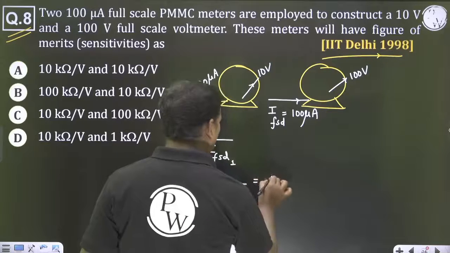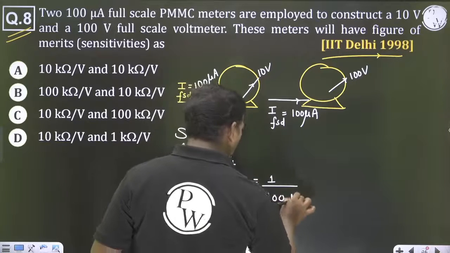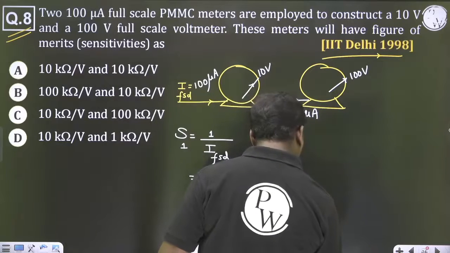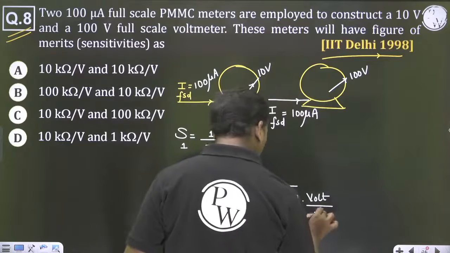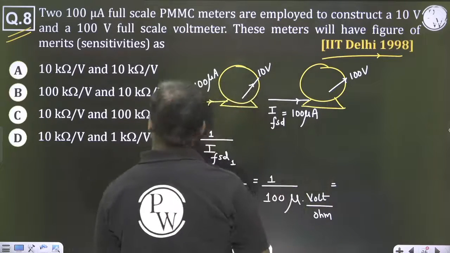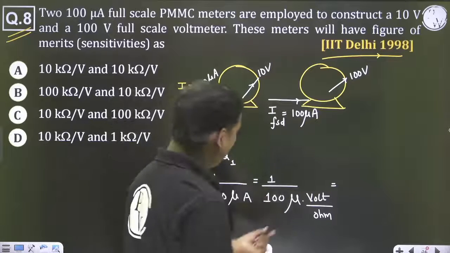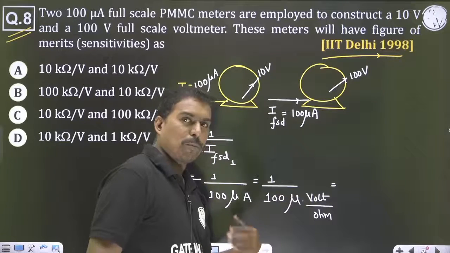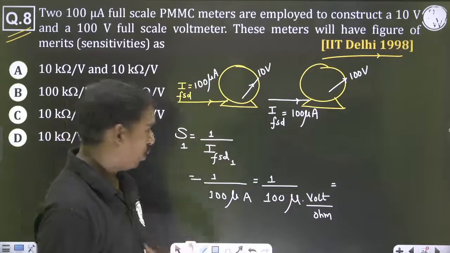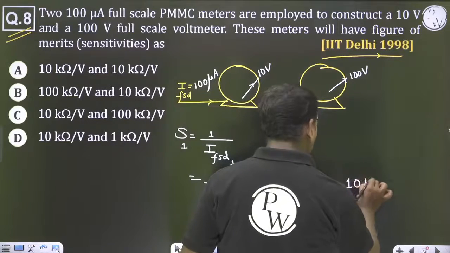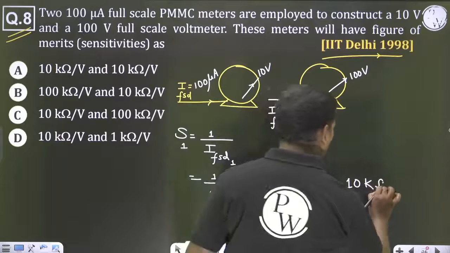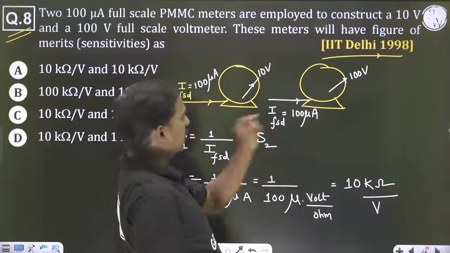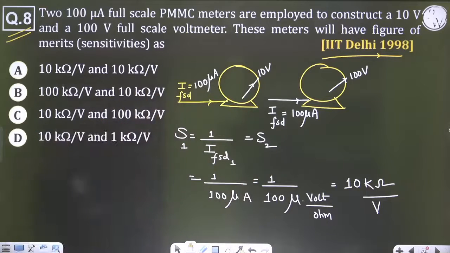Writing V equals IR, I equals V by R, this is volt per ohm. 100 micro is 10 square into 10 power minus 6, that is 10 power minus 4, and it goes to the top as 10 power plus 4, which means 10 K. So ohm per volt, 10 kilo ohm. And S1 is equal to S2 because the full scale deflection current is also 100 microamperes, 10 kilo ohms per volt.